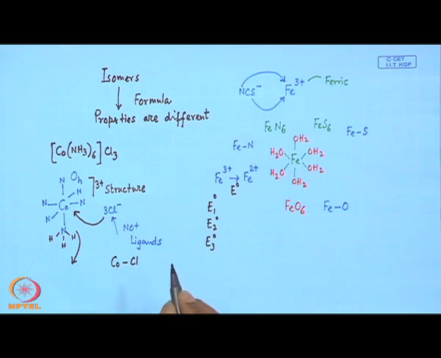So, new cobalt chlorine bonds will be forming as we get from one isomer to the other.